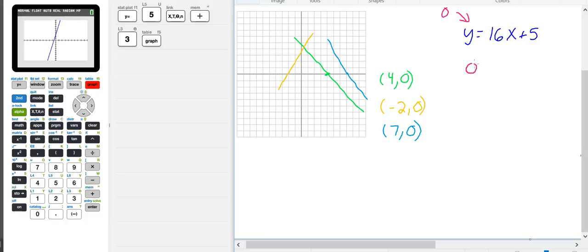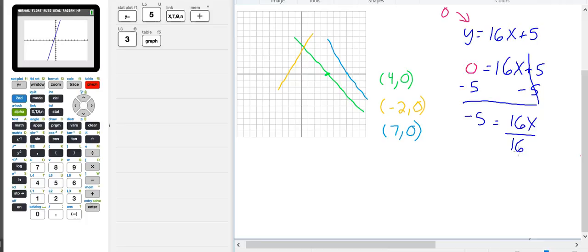So let's try that. 0 is equal to 16x plus 5. Let's solve this for x. We subtract 5 from both sides. 0 minus 5 is -5, and that's equal to 16x, because plus 5 and minus 5 cancel out. Divide by 16 on both sides. X is equal to -5 over 16.